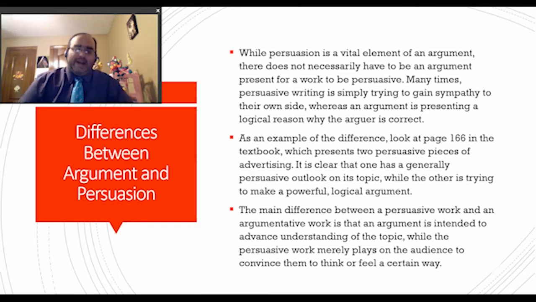Now, I don't have the textbook in hand here, so I can't look at it explicitly, but I believe, if I'm not mistaken, it's in regards to water. Both of the ads involve water. I believe one of them is an ad for bottled water. I think it's for Nestle. And then the other one is a message about water pollution.